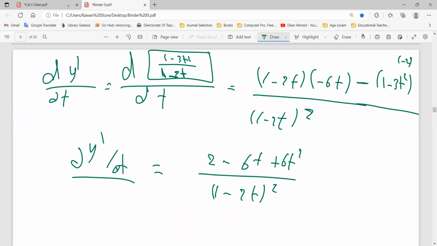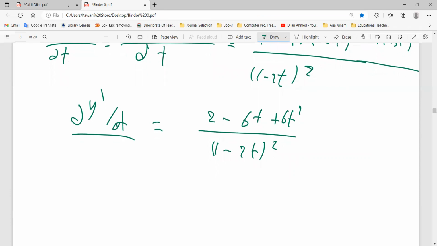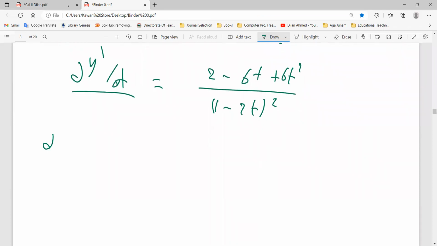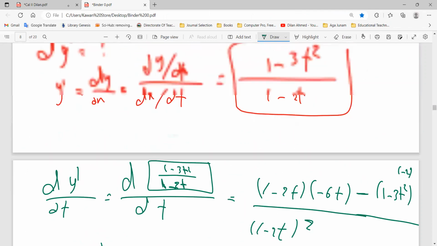Okay, it remains what? To put that result over dx/dt. And don't try to find it again. Even if you want to find it again, it's okay, but you have it in the previous one, right? We have it here.